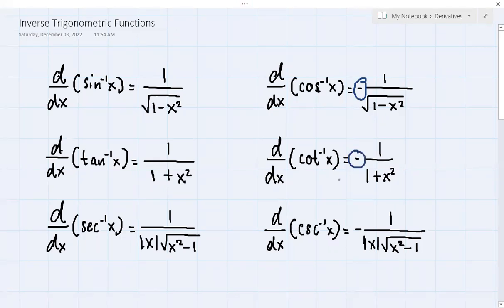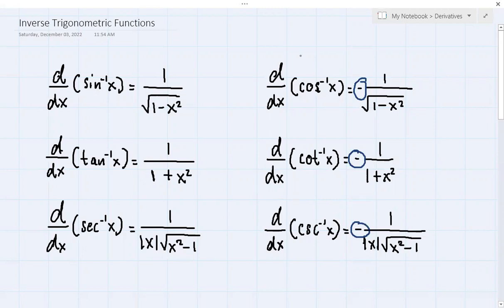Pero negative yung kay arc cotangent. And lastly, the same din dito sa derivative ng arcsecant at saka ang derivative ng arccosecant. Okay, almost the same, pero negative naman yung kay arccosecant x.